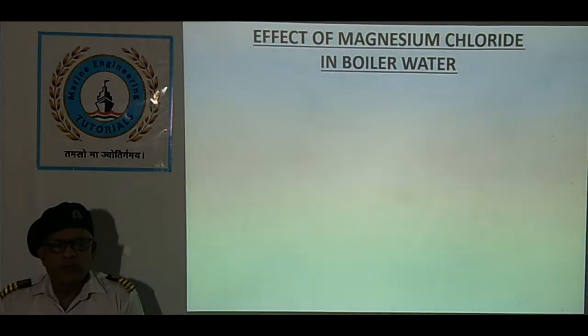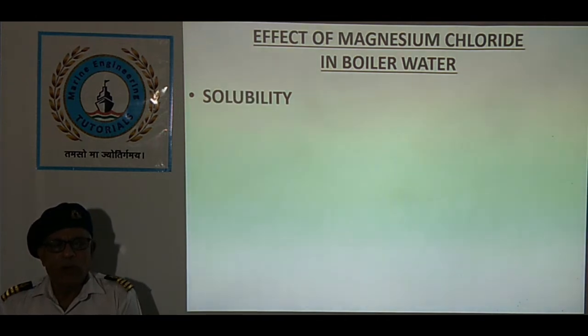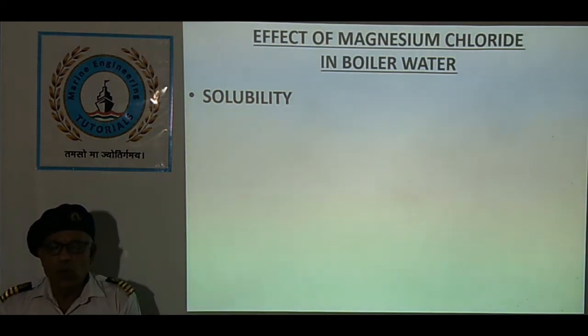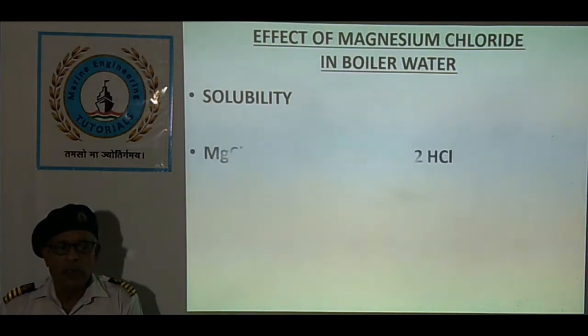Let us see the effects of magnesium chloride in boiler water. First of all, about its solubility. Under normal condition, magnesium chloride is soluble in water, but it can be broken down to hydrochloric acid and magnesium hydroxide as per the following reaction.